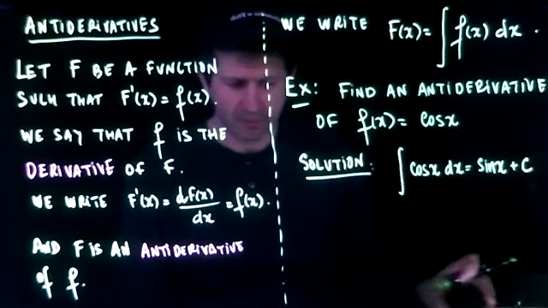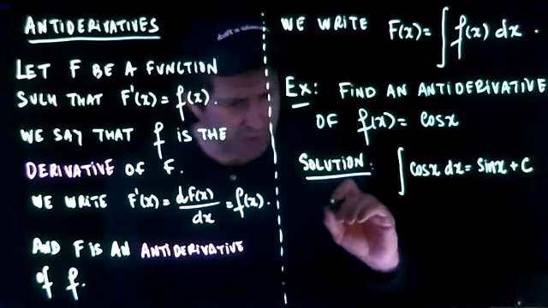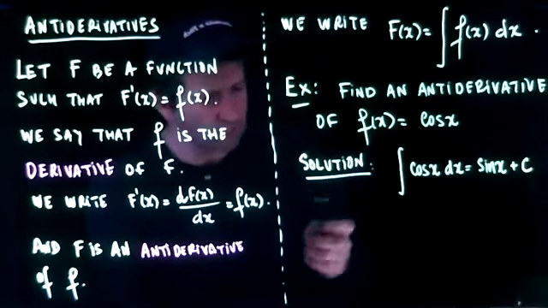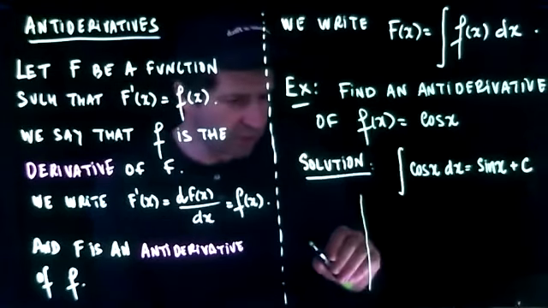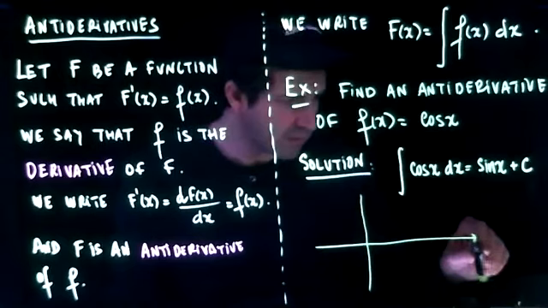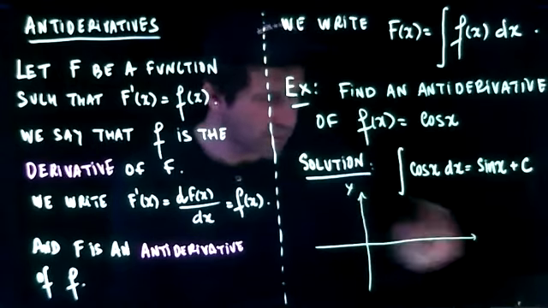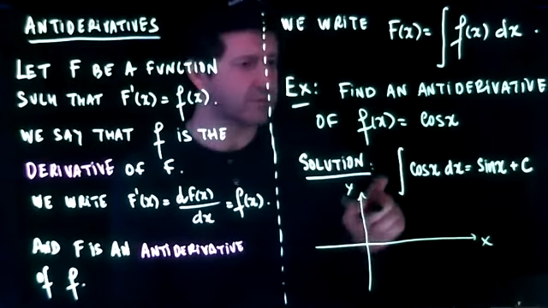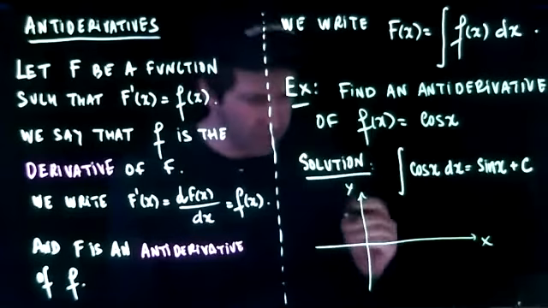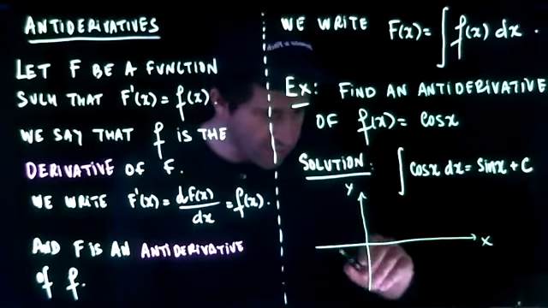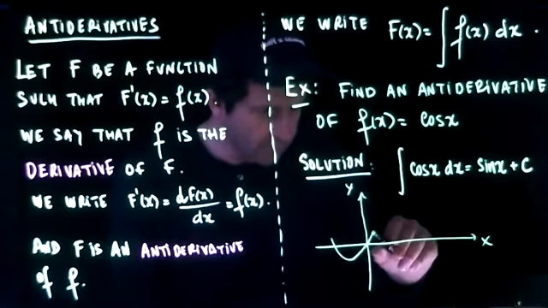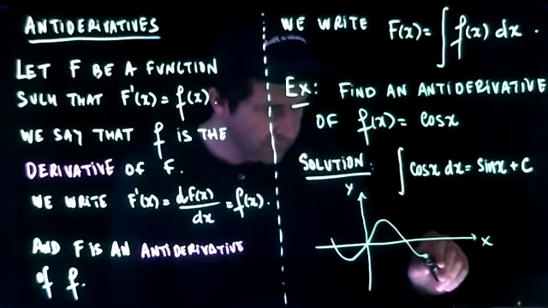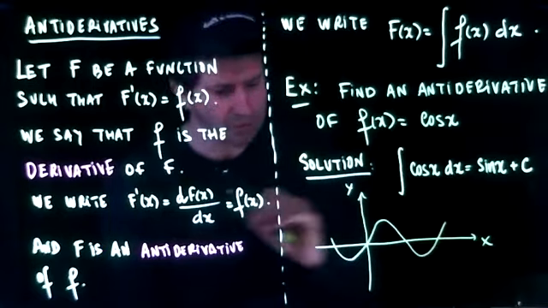Is this clear? If you want to visualize it geometrically, I'll try. All the functions that have this derivative of cos x are these ones. First of all, there's the simple sine function, and so on.